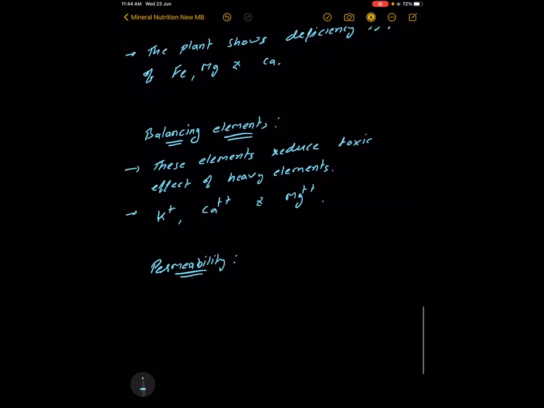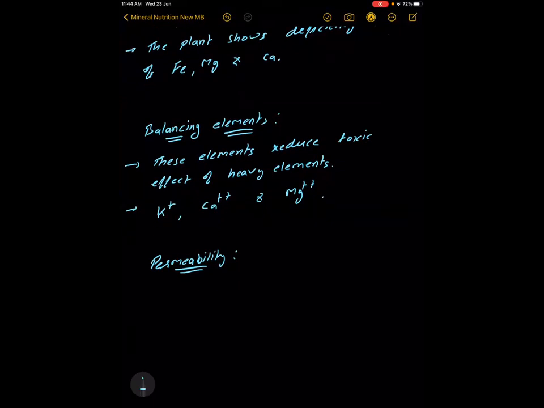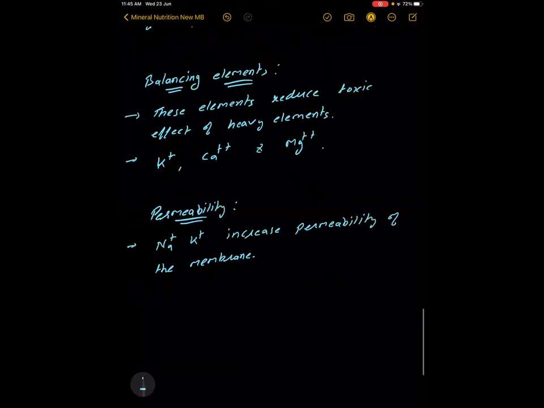So next is permeability. The membrane permeability is increased and decreased by the elements. Some elements increase permeability, like sodium ion and potassium ion. They increase permeability of the membrane. Okay, these are monovalent ions.